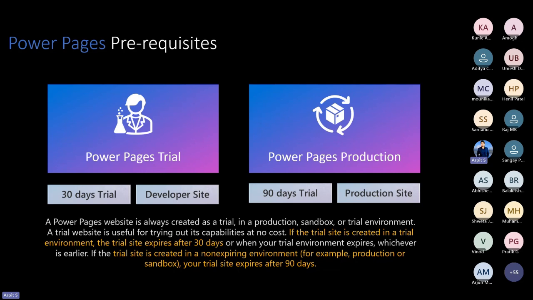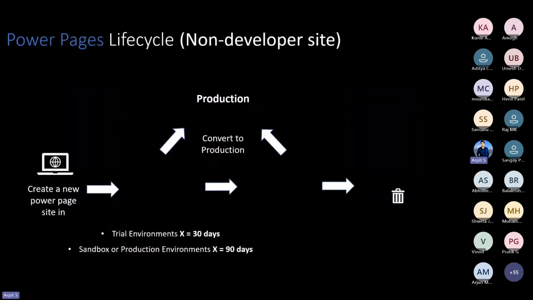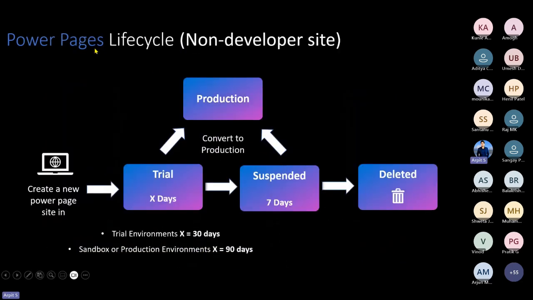The main point here is that whenever you are creating a Power Pages site, no matter whether it is a trial environment, a developer environment, a sandbox environment or the production environment, the Power Pages site always starts with a trial. You can understand this better with this life cycle.